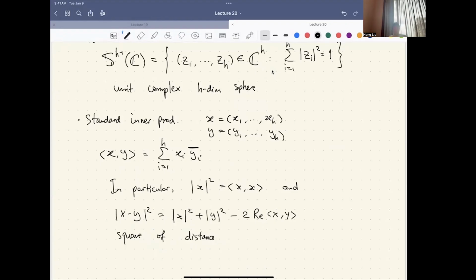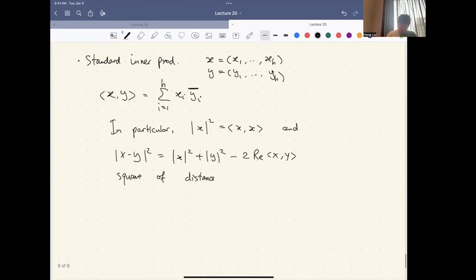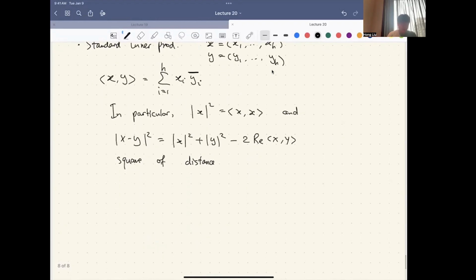Now, a very simple but useful observation is that there is an isometry between complex sphere and real sphere.